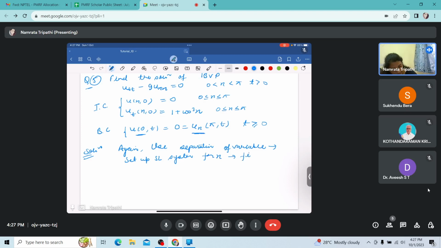Find the eigenfunctions and the corresponding eigenvalues. Then you will get the expression after applying the boundary condition. Here the difference is in lambda. Okay.